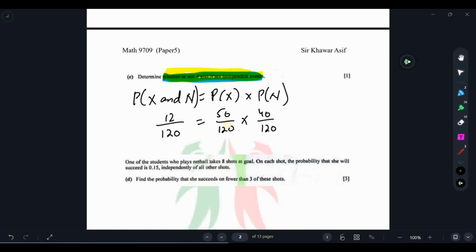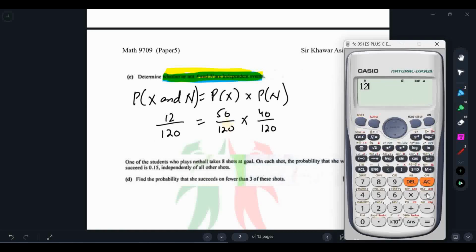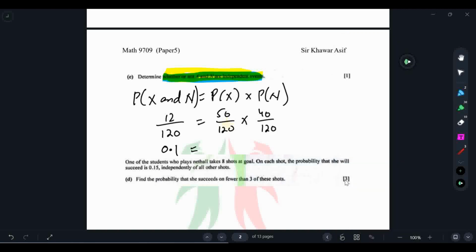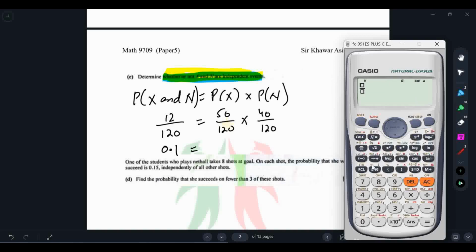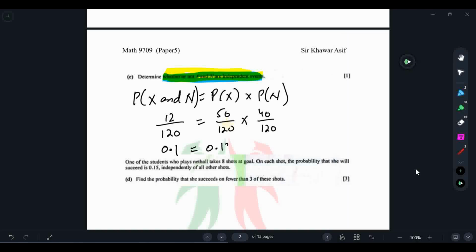So from here we can see 12 divided by 120 is equal to 0.1, and on the other side 50 divided by 120 multiplied by 40 divided by 120 is equal to 0.138.